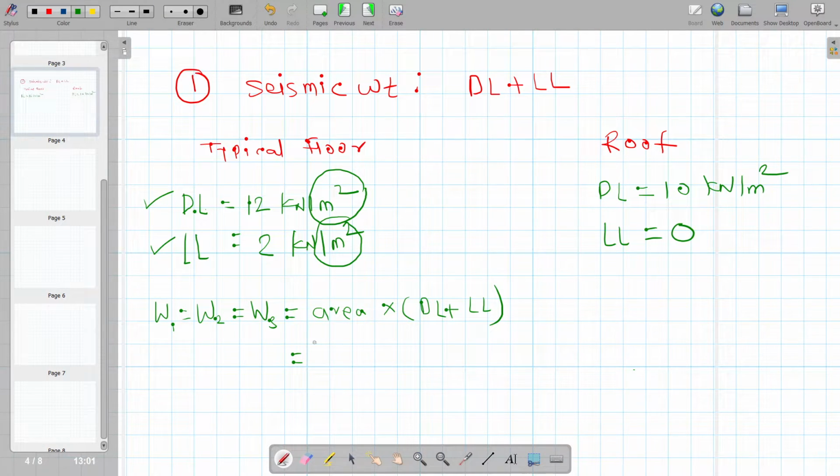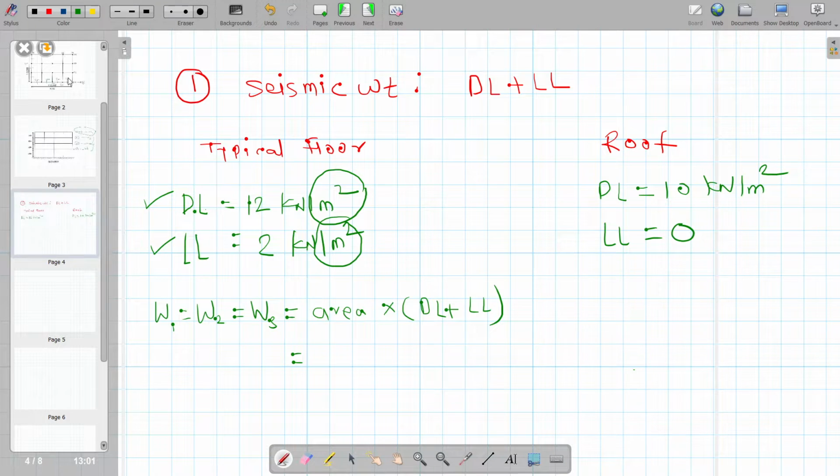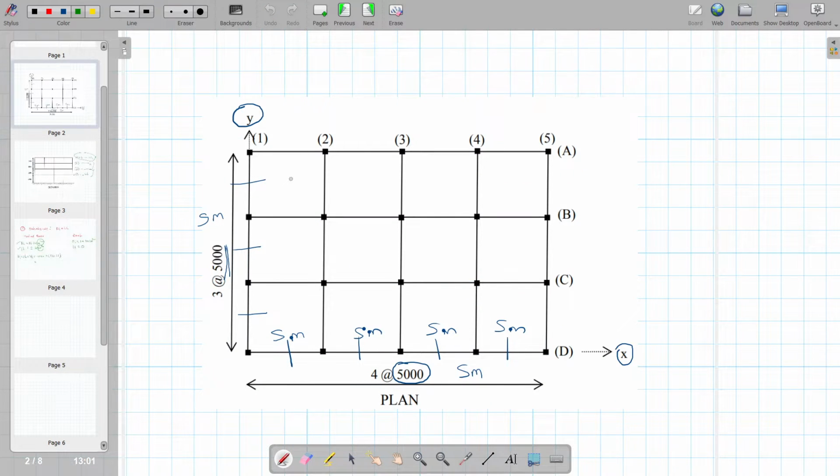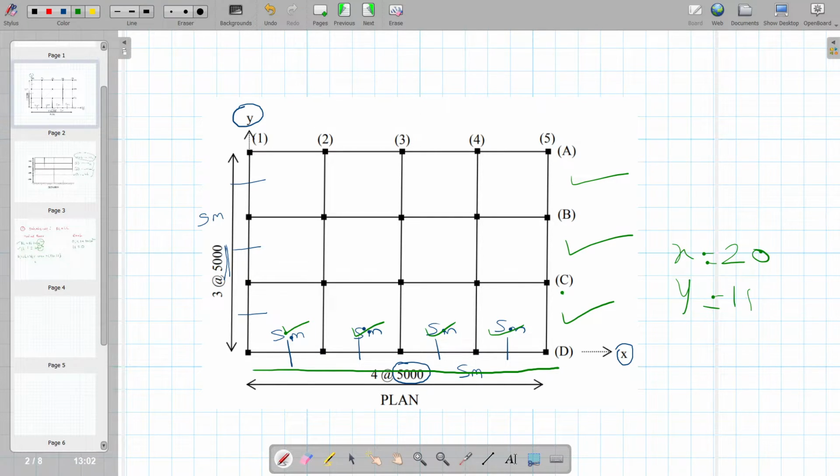Our plan area is 5 meter each, so 5 into 4 gives X as 20, and 5 meter each gives Y as 15.